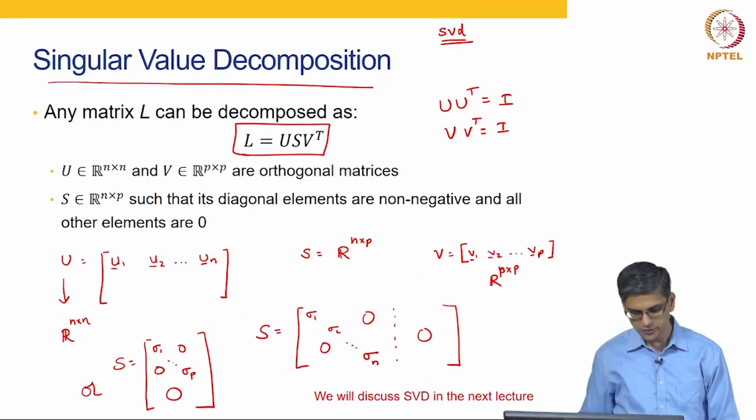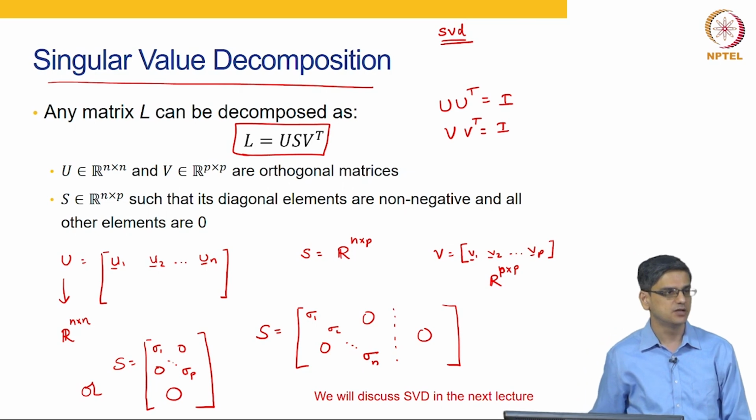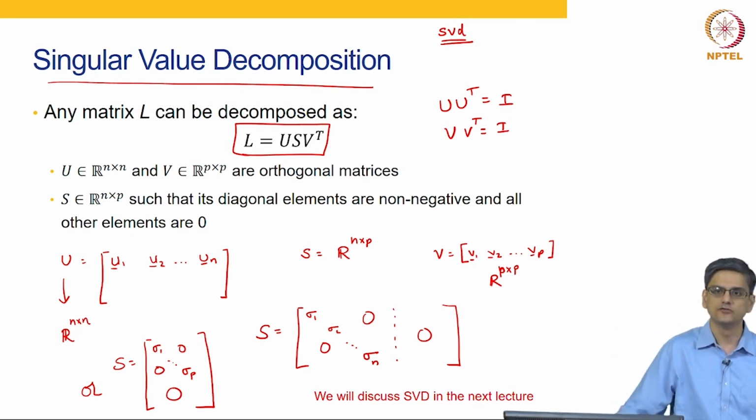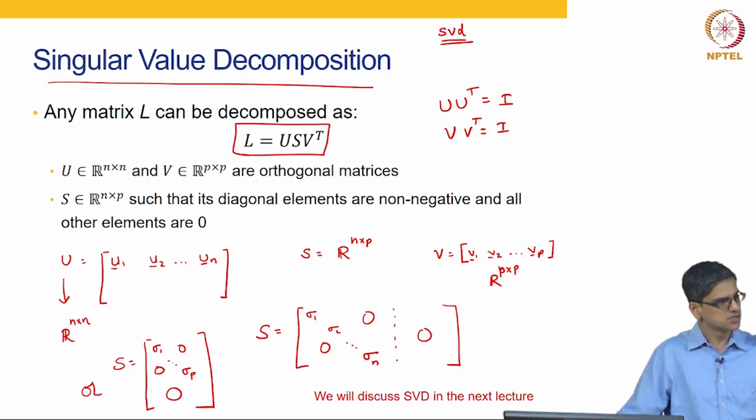What we are going to get is, for the first example, sigma 1 and sigma 2 will be positive numbers, sigmas are always positive or 0. In the second and third cases, sigma 1 is going to be some value, sigma 2 is 0.